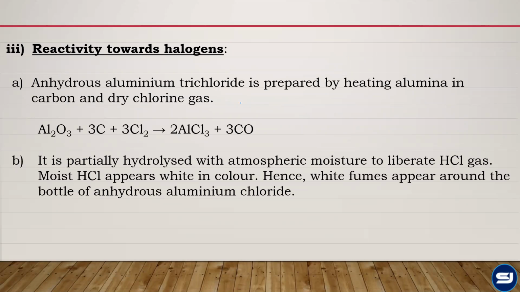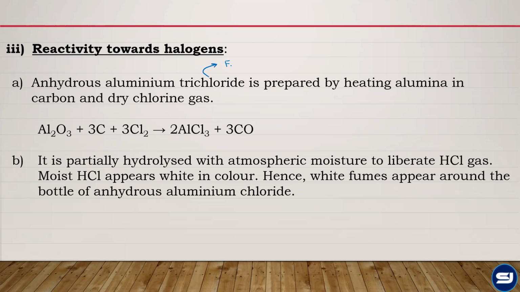Then the reactivity towards halogens. तो यहाँ पर दो पॉइंट्स जो नोट करके मेंशन किए हैं, दे आर इंपॉर्टेंट, उसके ऊपर क्वेश्चंस आए हैं. Anhydrous aluminum chloride, which is a famous Friedel-Crafts catalyst.